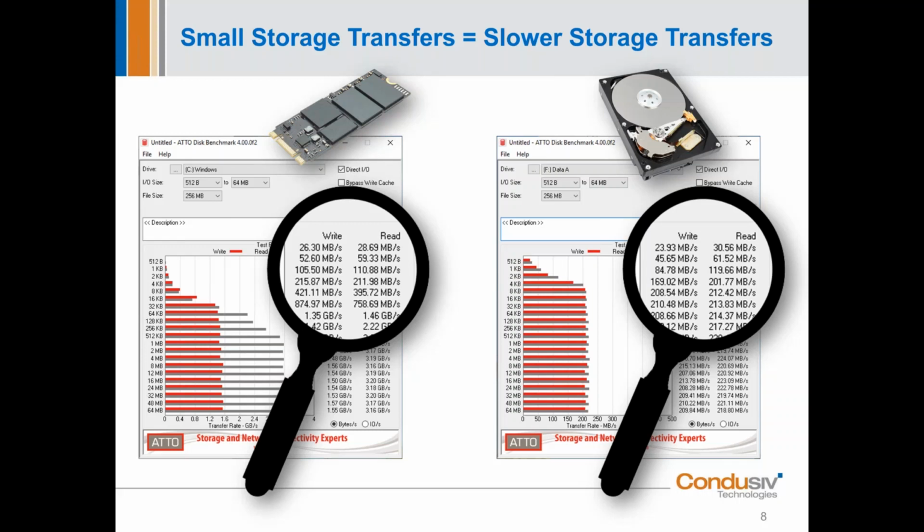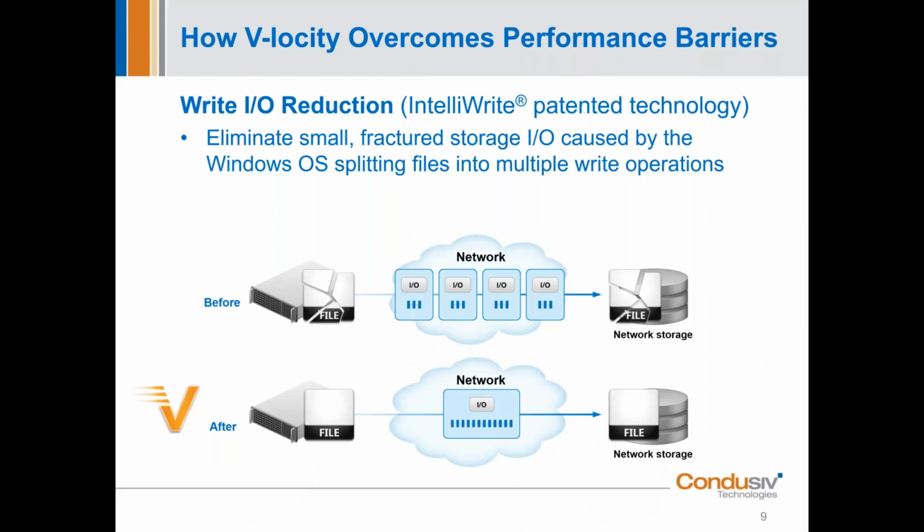But what many people don't realize is that the Windows OS inside your virtual machines will often take a larger write and will split it in the background into many more, much smaller I/Os as it sends the data out to the storage. The net effect, of course, is that data is written more slowly than it should be, and this can also slow down the speed at which that data can be read later on.